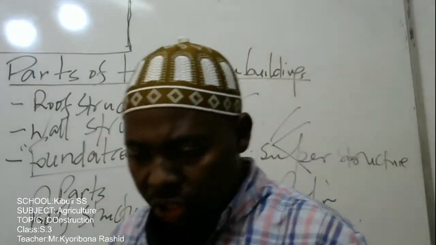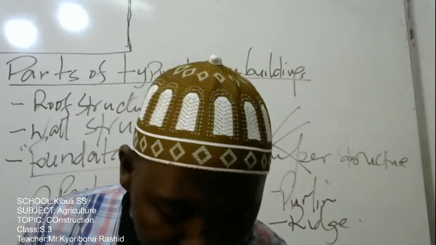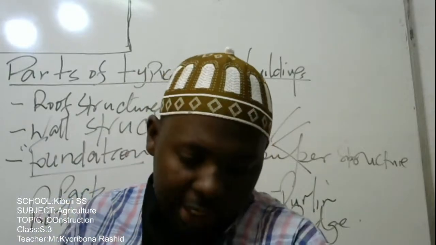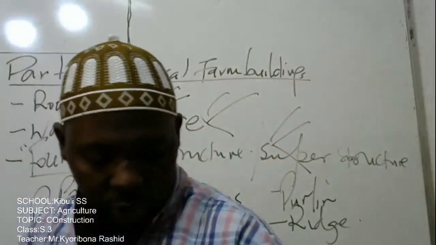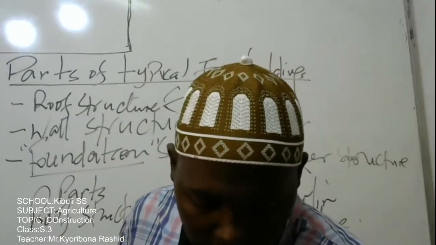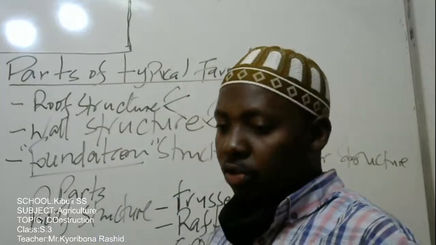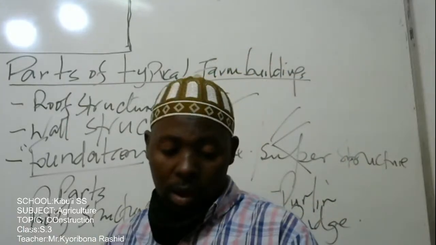So I want to challenge you to look at the notes I've attached, at the roof structure. You'll see some of those parts, and then look at the structure that shows the main parts of the farmhouse.